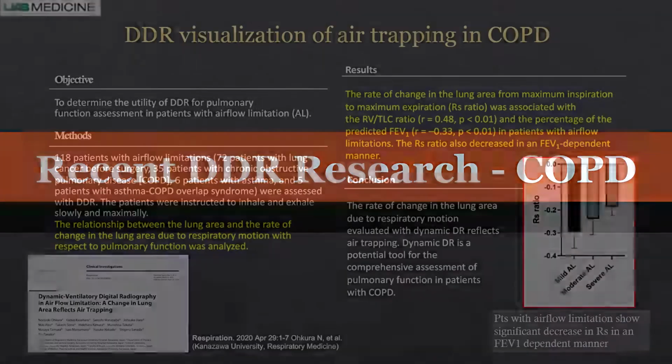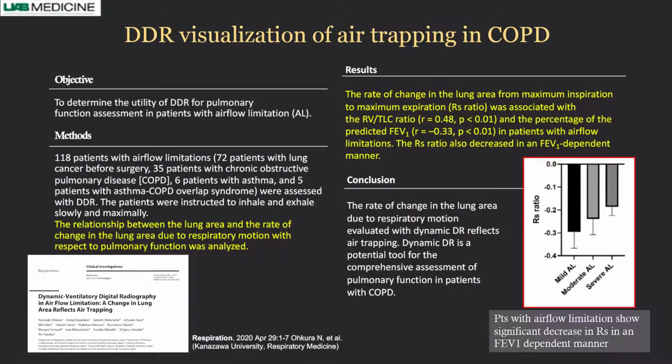We can also look at air trapping in COPD patients. This is a paper which looked at 118 patients with airflow limitations. They looked at the relationship between the lung area and the rate of change of lung area during maximal inspiration and maximal expiration.